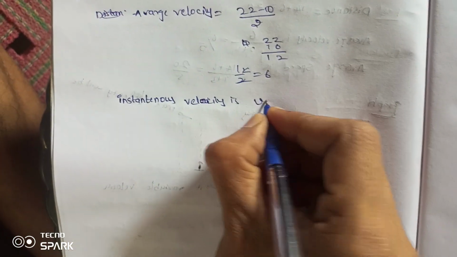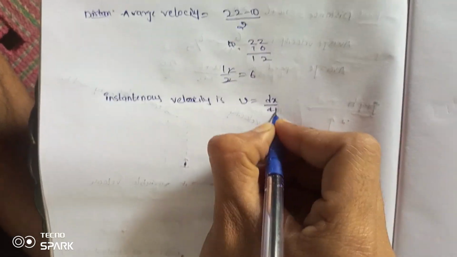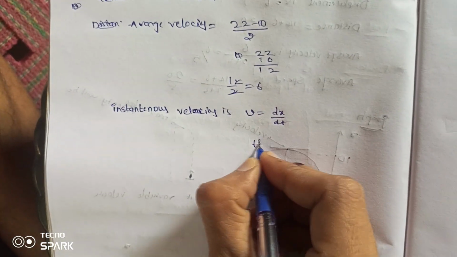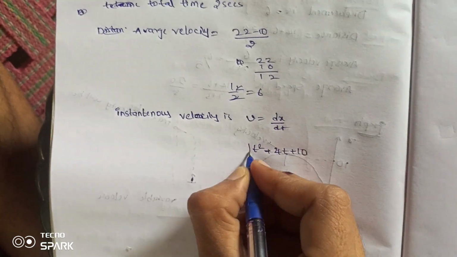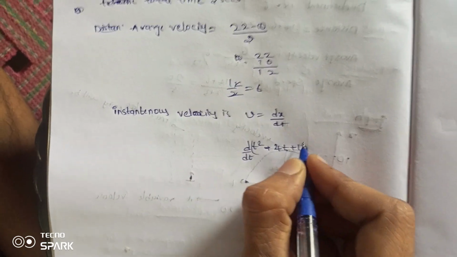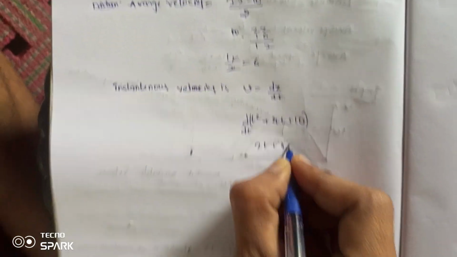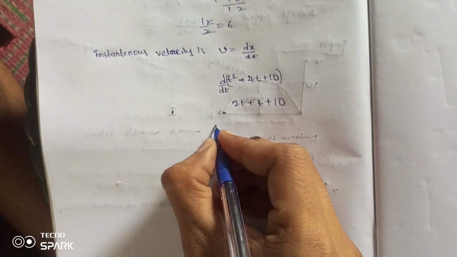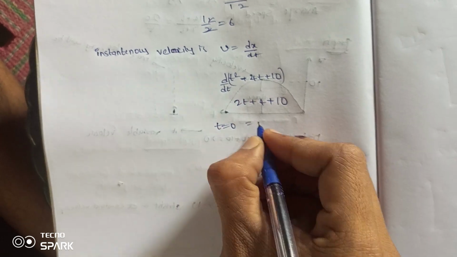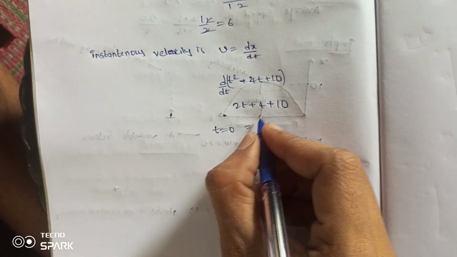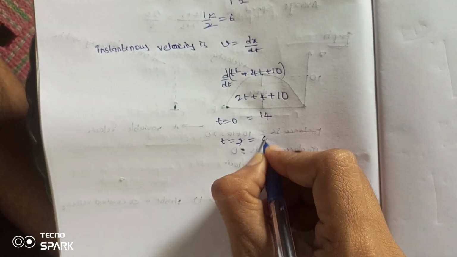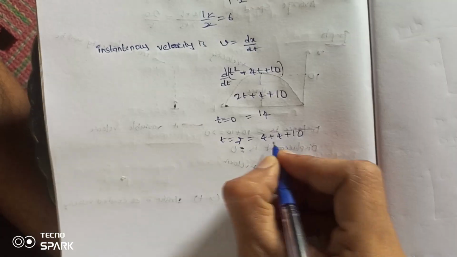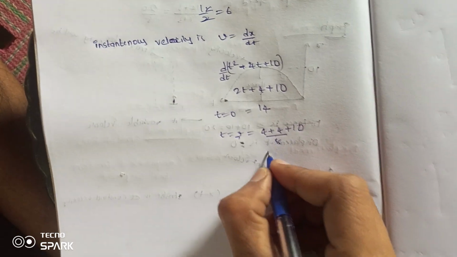v is dx by dt. x equals t square plus 4t plus 10. Differentiating with respect to time gives 2t plus 4, and the constant 10 gives 0. At t equal to 0 seconds, it is 4. At t equal to 2 seconds, it is 4 plus 4, which is 8.